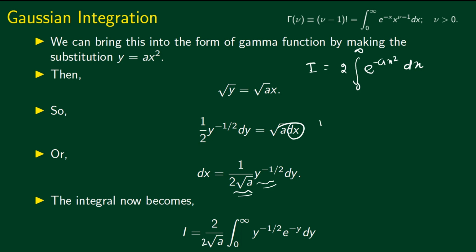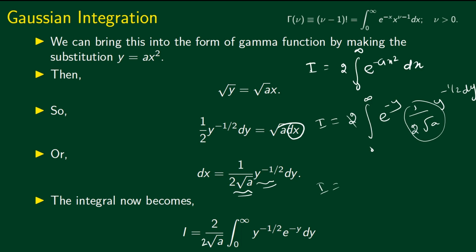If I make all the substitutions in here, we have got a 2 here, and the integral from 0 to infinity. e raised to minus ax square is e raised to minus y, and dx is 1 by 2 square root of a, y raised to minus half dy. This is a constant which can be pulled out of the integral, and this 2 will cancel with this 2.